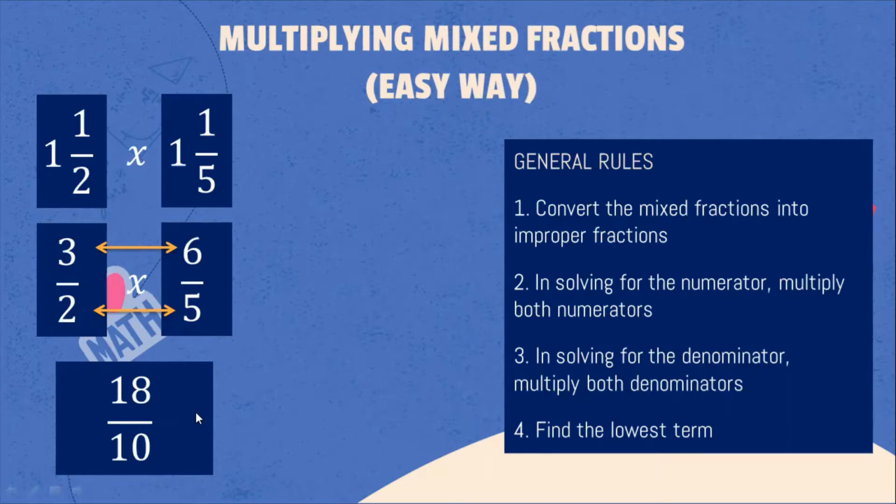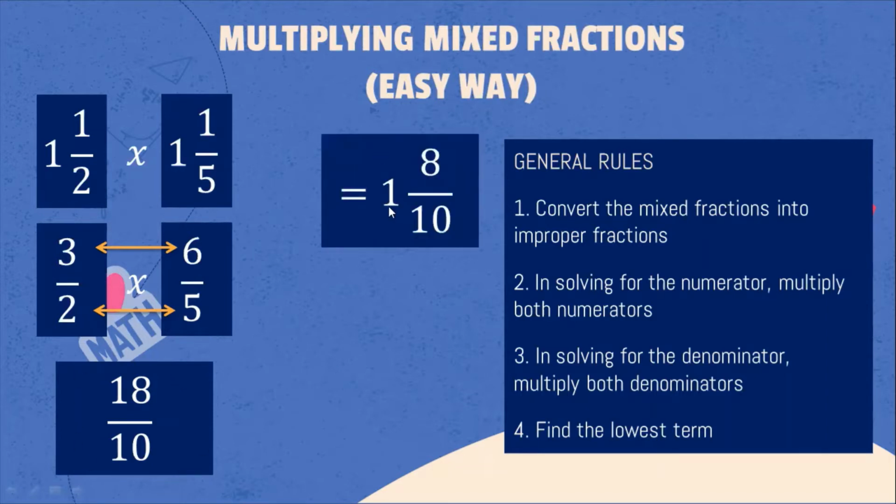Since 18 over 10 is an improper fraction, we are going to convert this into a mixed fraction. 18 over 10 is equal to 1 and 8 over 10. But wait, 8 over 10 is not yet in lowest term. What is the same number that we can divide from 8 and 10?